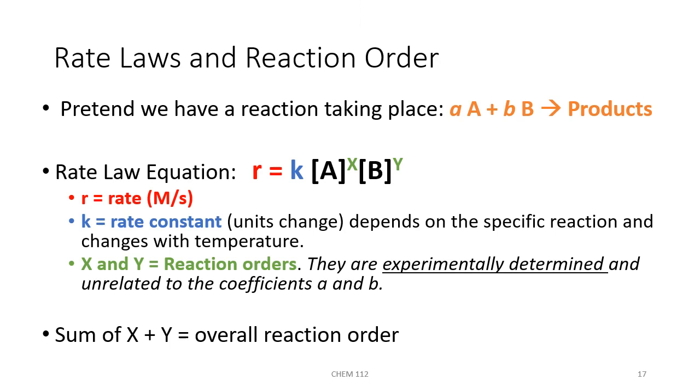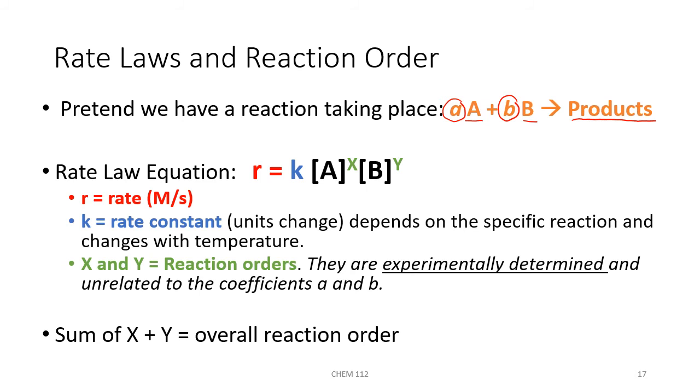If we have a reaction taking place where we have A plus B giving us some products, with the coefficients of lowercase a and lowercase b, how can we describe the rate of that reaction that has 2 components to it? We can use something known as a rate law equation. A rate law equation will give us the rate as a function of reactant concentrations.